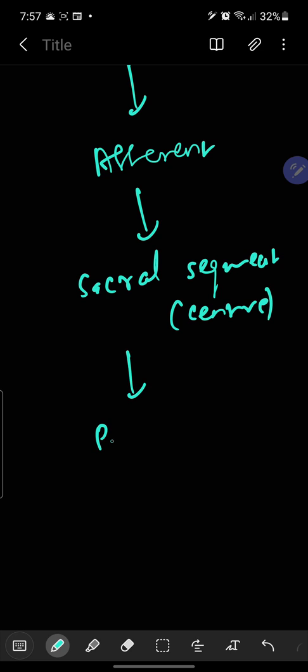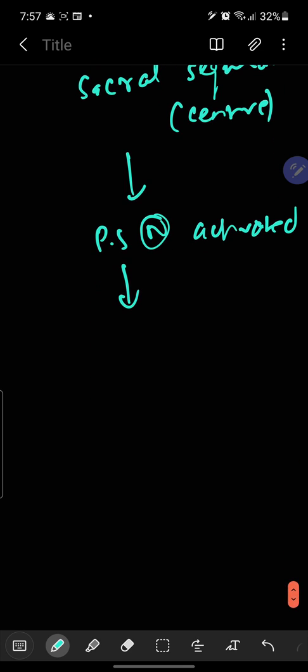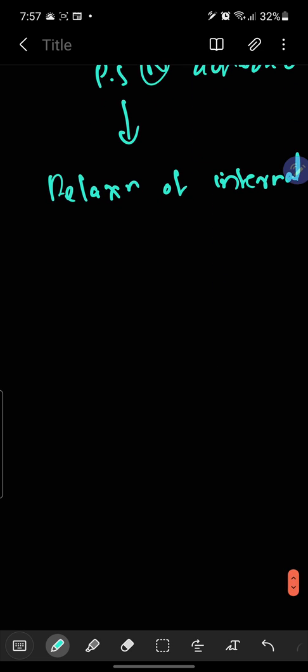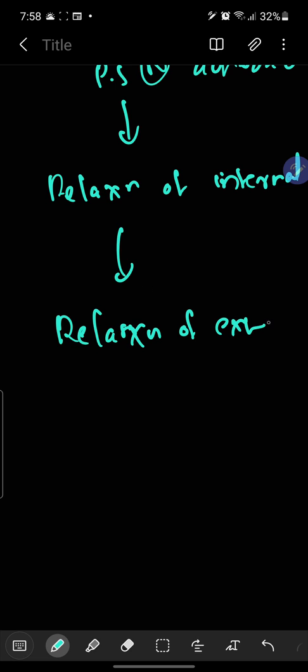So the parasympathetic nervous system is activated. It results in relaxation of the internal anal sphincter, then subsequently relaxation of the external anal sphincter, which occurs when the time and place are convenient. This will result in defecation.